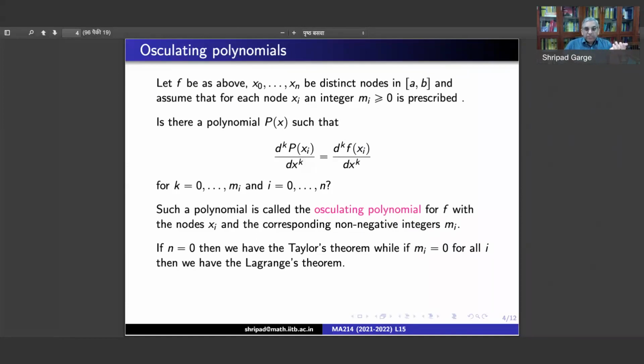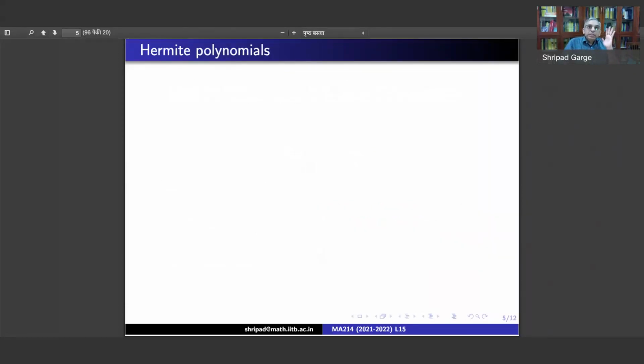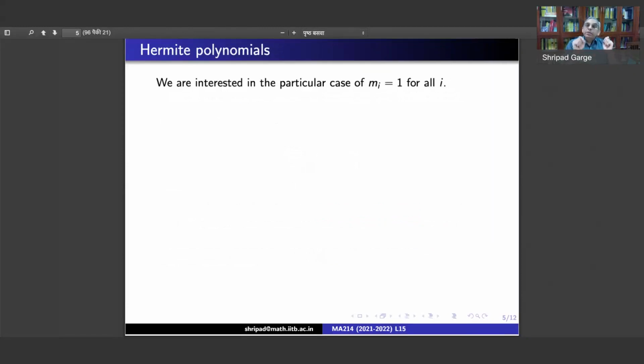So further, we are not studying this full theory of oscillating polynomials in general, but we are interested in the particular case of mi equal to 1 for all i. So our question would be that we have x0, x1 up to xn, n plus 1 distinct nodes.